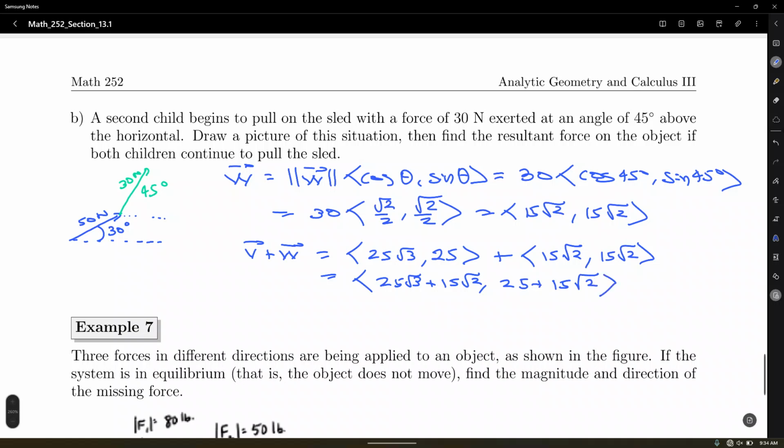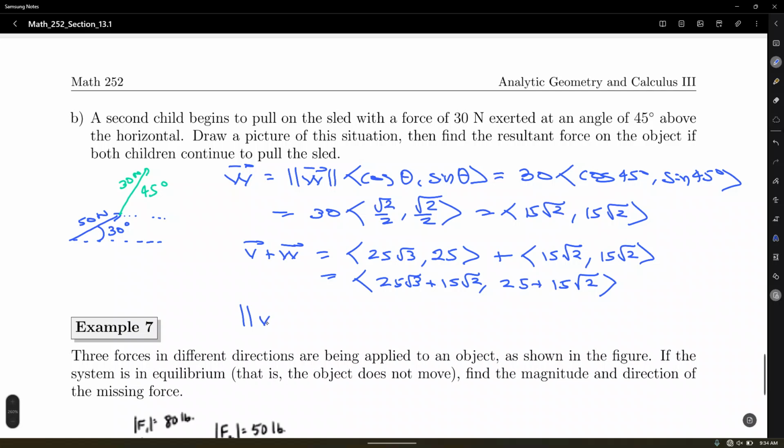Okay, guys, now here is the thing. They're asking us to find the resultant force, but it's not clear what they're asking for. Are they asking us for the vector, or for the actual force? Since it's ambiguous, we need the two representations. Number one, this first representation as a vector, and we find the magnitude, because we want to know the strength, in this case in newtons.